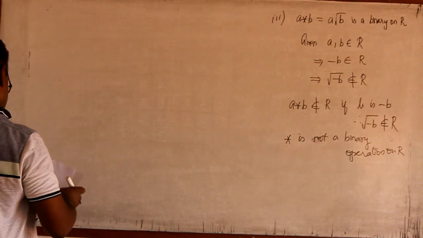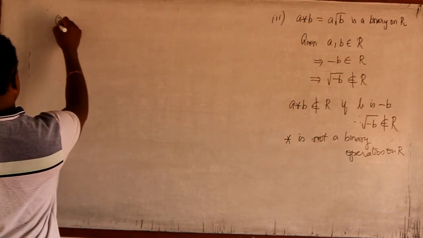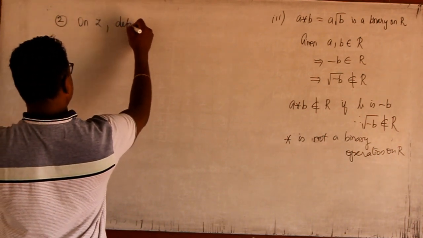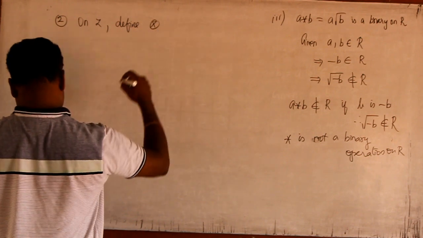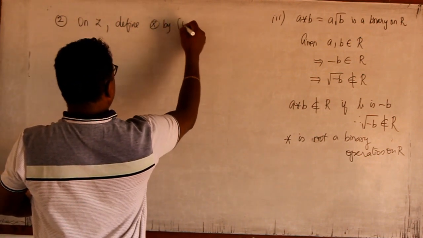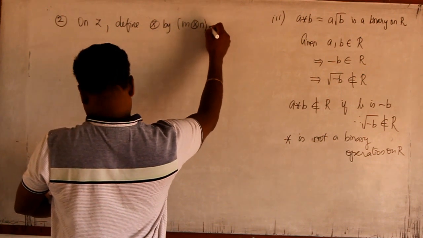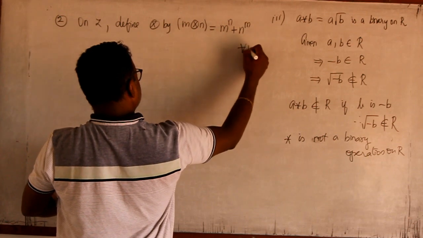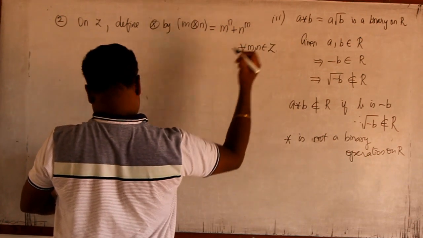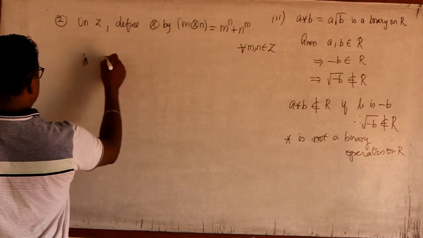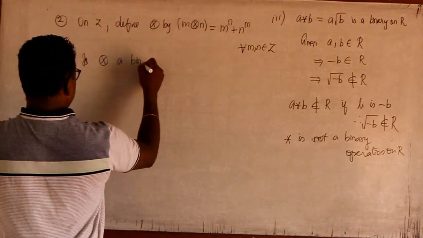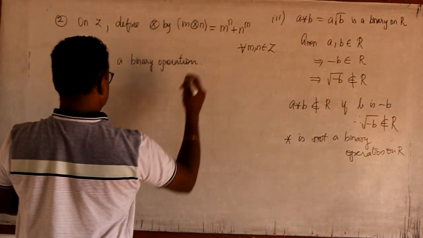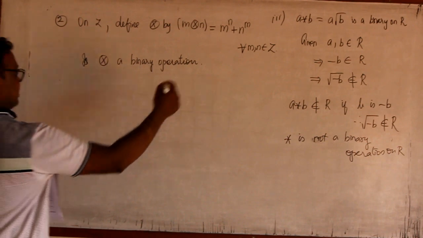Now, this is the first problem. Now we shall go for the second problem. On Z, define an operation star by m star n equal to m power n plus n power m for every m, n belongs to Z. Is star a binary operation on Z?